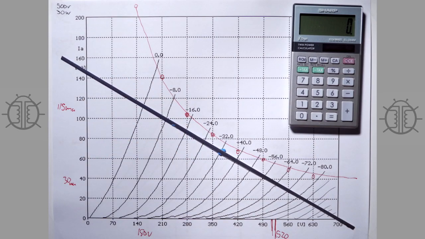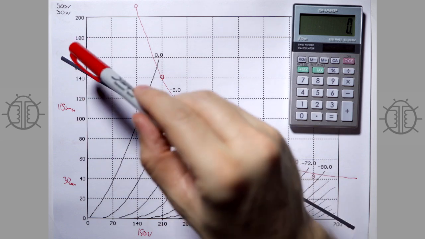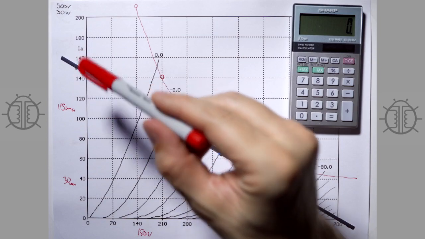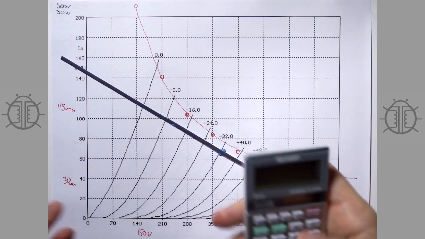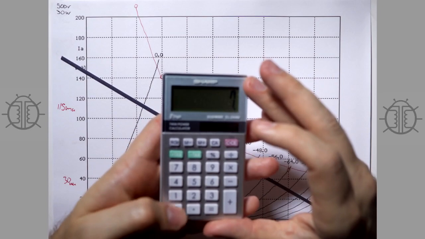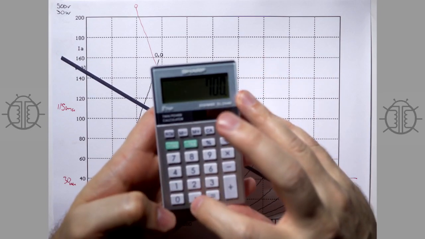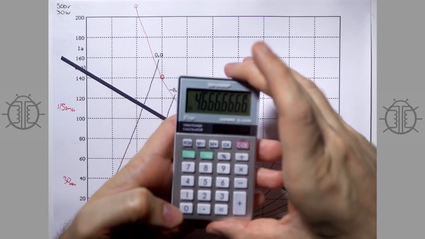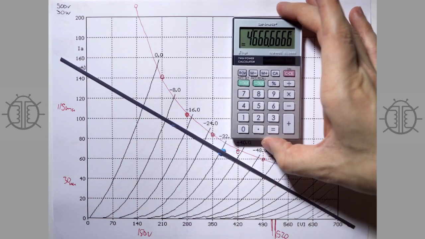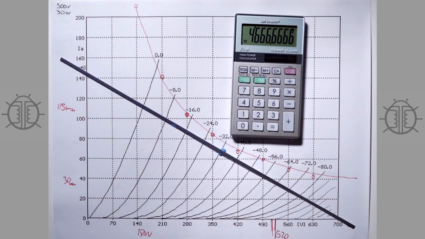That's good to know. Also, now we can figure out exactly what the primary impedance of our output transformer should be, because we can see here we're going from 700 volts and we're going all the way up through, looks like 150 milliamps. And so you can see that our output transformer primary should be in the 4 to 5K range.